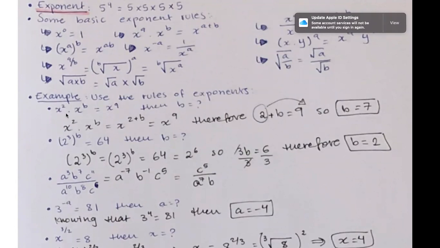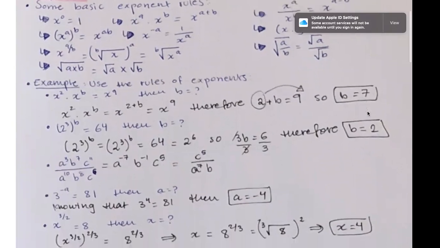So using the rules that we just mentioned, we can write x to the power of 2 multiplied by x to the power of b as x to the power of 2 plus b, which equals x to the power of 9, right? And because the x's are the same, we can immediately conclude that 2 plus b equals 9. Then we solve for b, we get that b equals 7. This way we solve the first one.